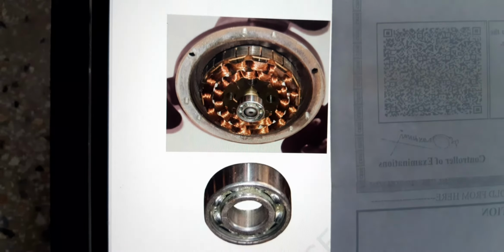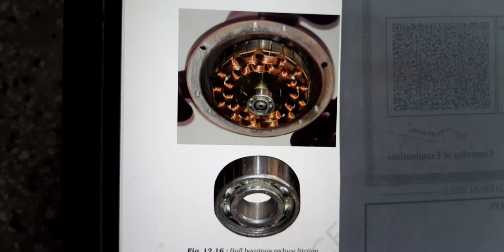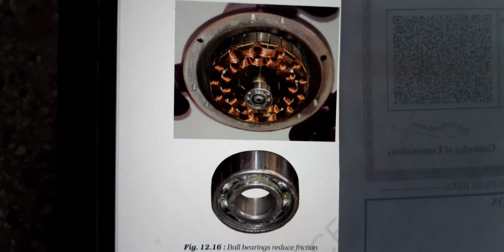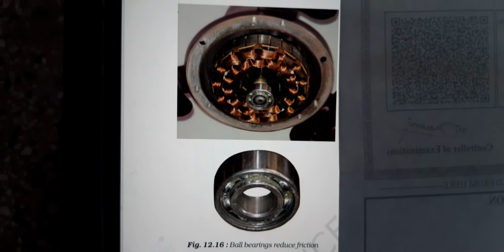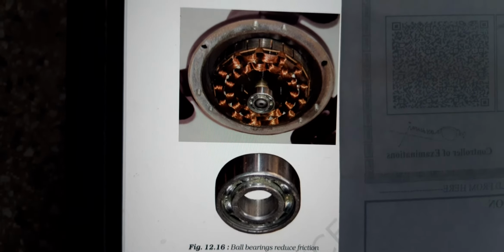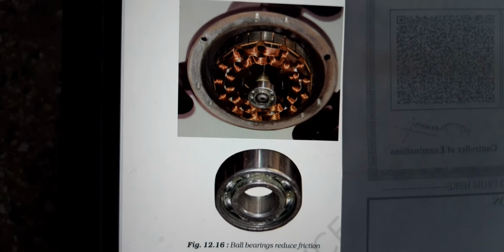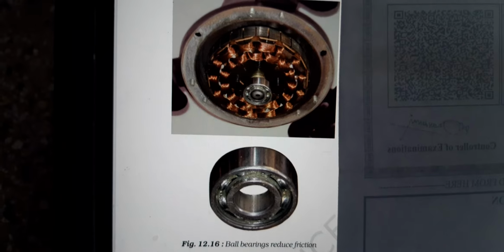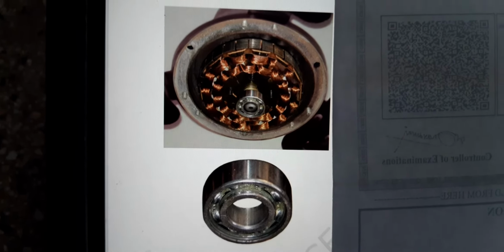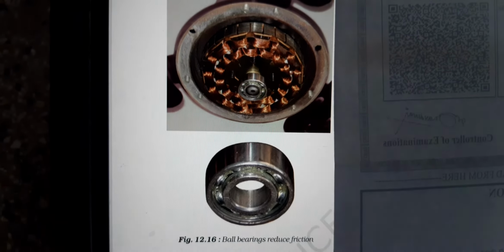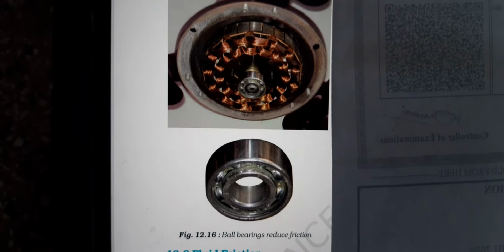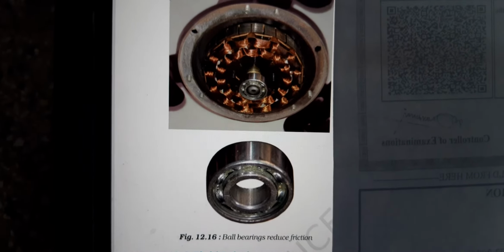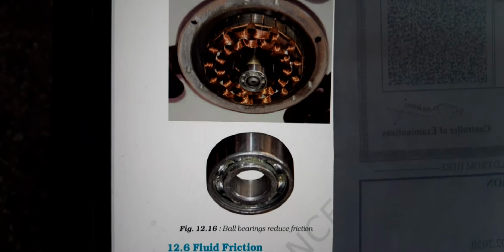Dear children, look, this is a ball bearing. It converts sliding friction into rolling friction, and rolling friction is much smaller than sliding friction. The upper diagram you are looking at is the interior of your ceiling fan, and the lower diagram is the ball bearing.